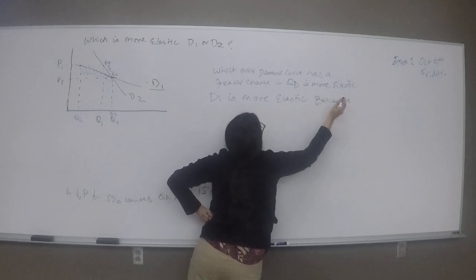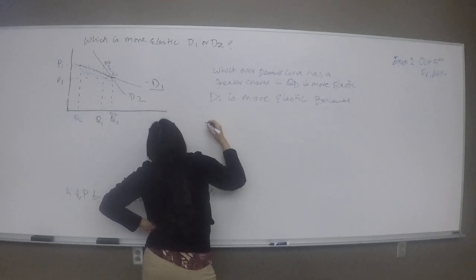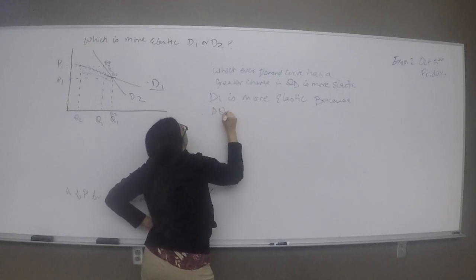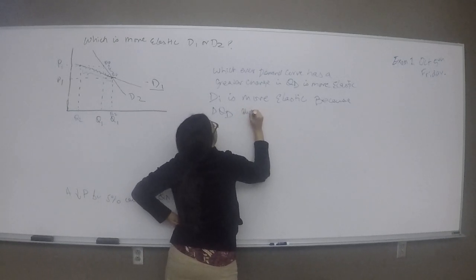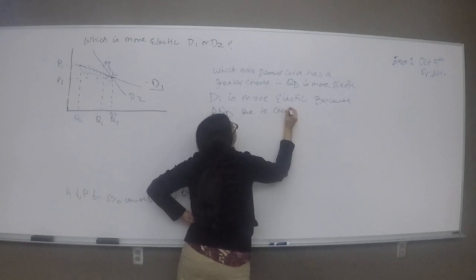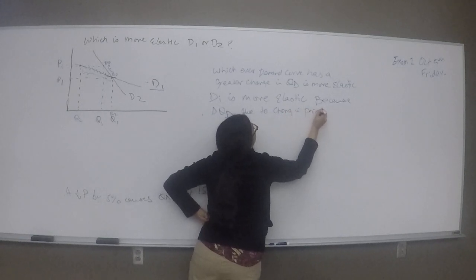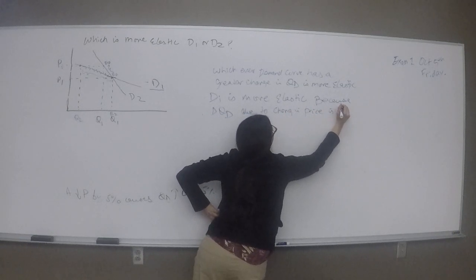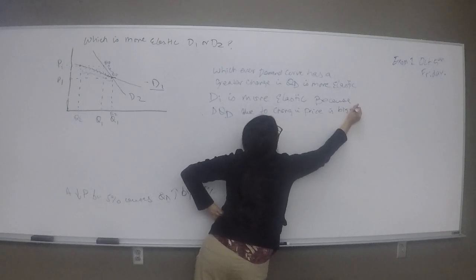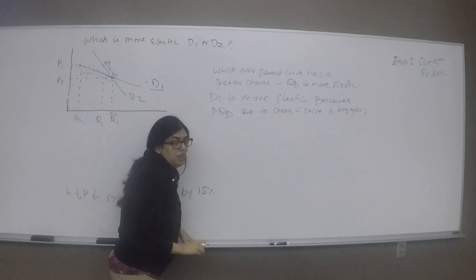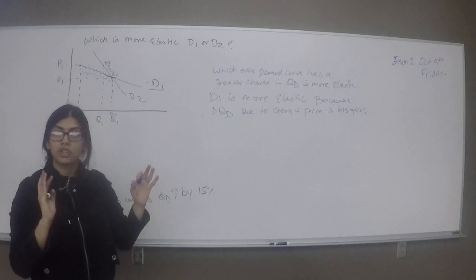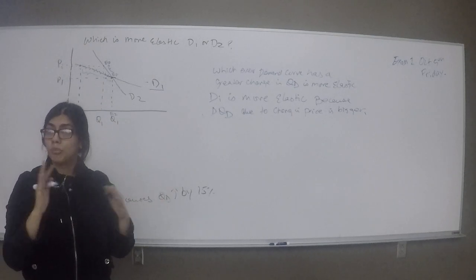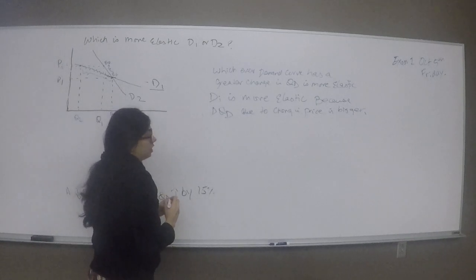because the change in quantity demand due to change in price is larger, is bigger. In general, the flatter or the more horizontal a curve is, the more elastic it is.